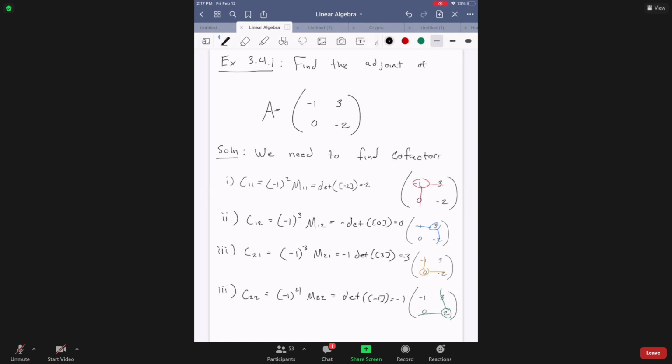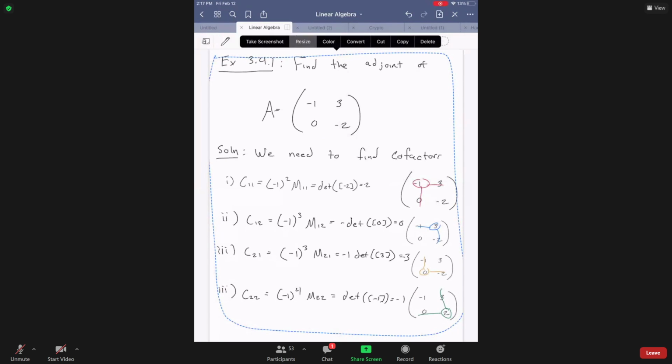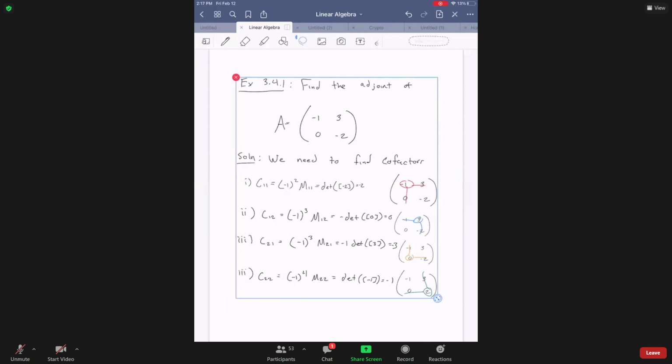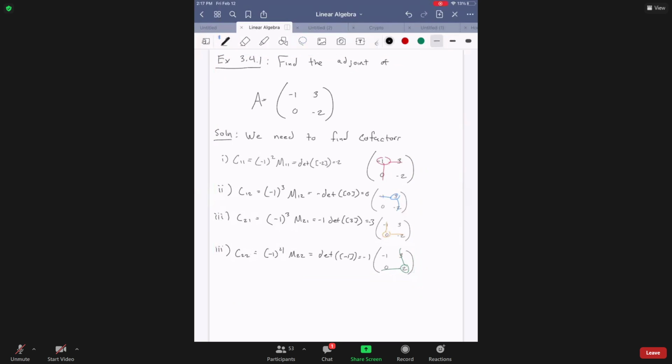All right. So now we plug them into our matrix, right? You do C11, which is -2, C12, which is 0, C21, which is -3, C22, which is -1.